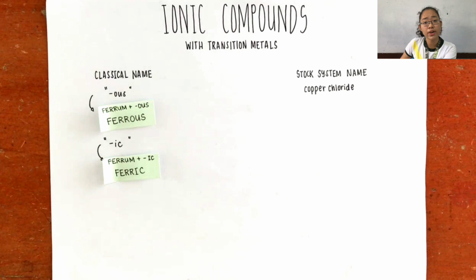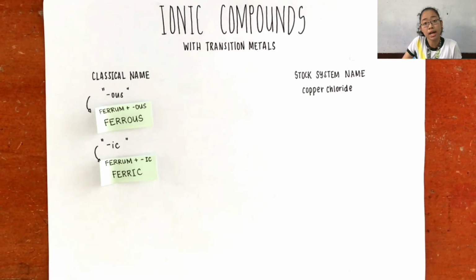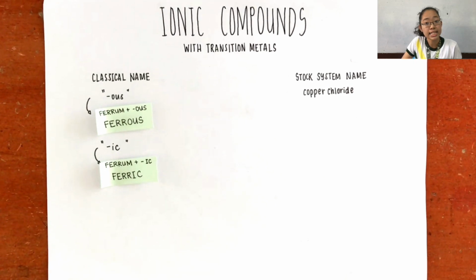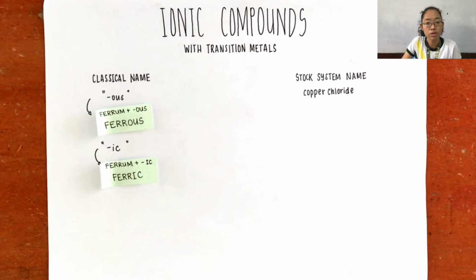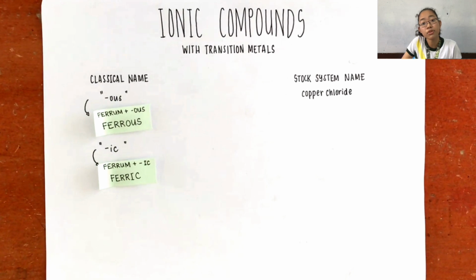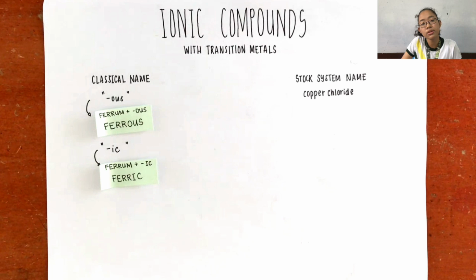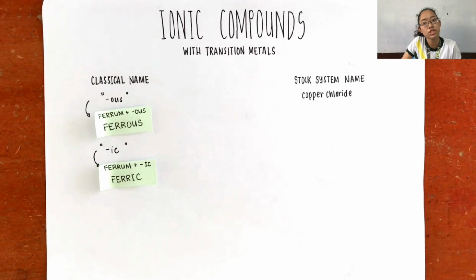Then, the most vital part in naming ionic compounds with transition metals in its classical name is remembering which one of the charges is higher or lower. If you can identify that, then you can simply name ionic compounds with transition metals in its classical name.